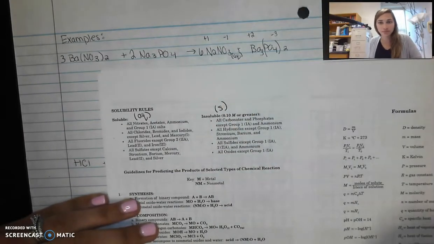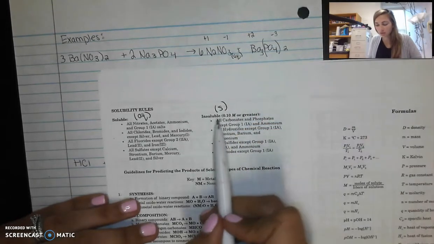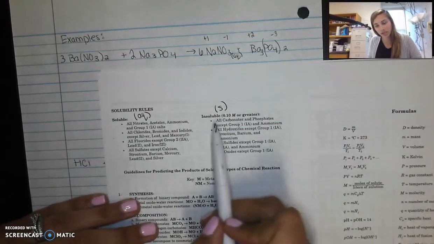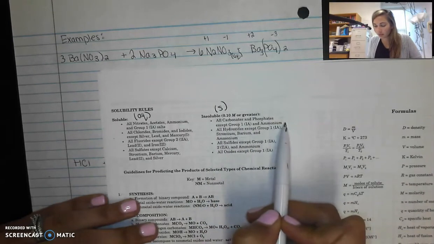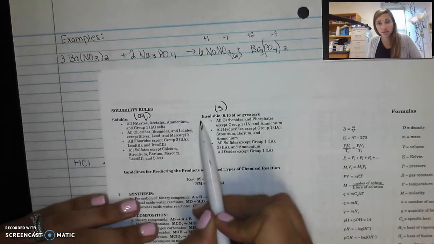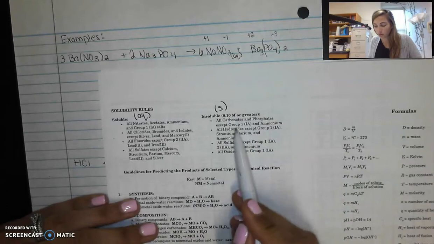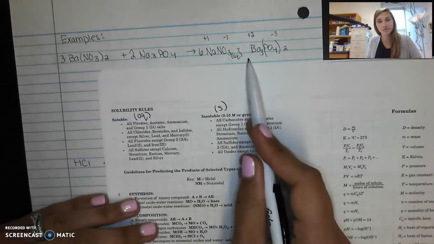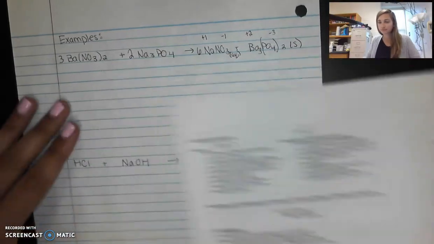So it's aq. Next, I'm going to look up PO4, which is phosphate. That's in the first bullet on the right-hand side. It says all carbonates and phosphates except group 1 and ammonium are usually insoluble. Because phosphate is not paired up with group 1 or ammonium, because barium is in group 2, we can say that this is in fact our solid.